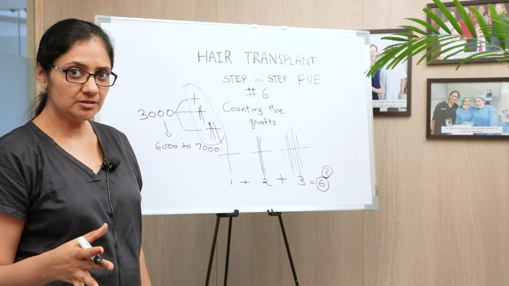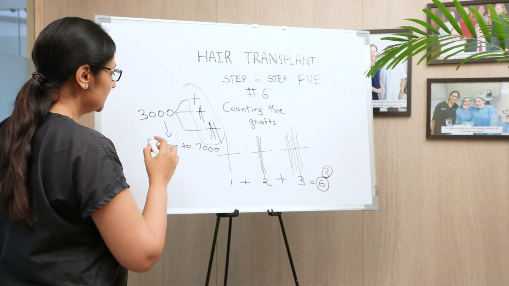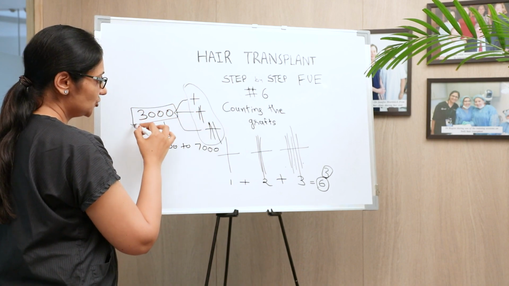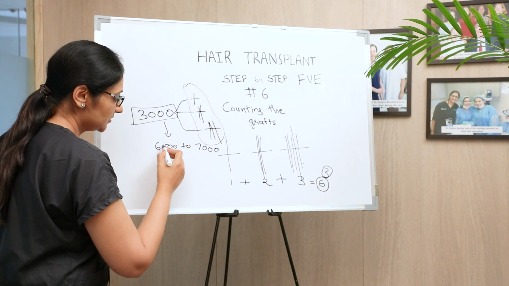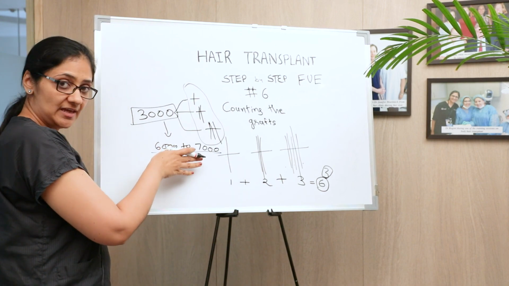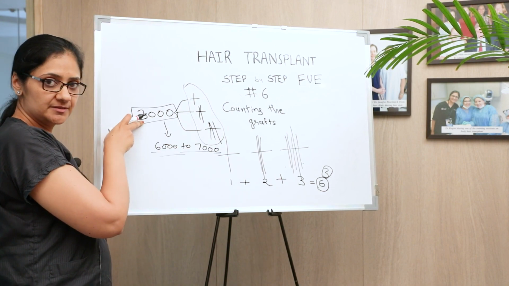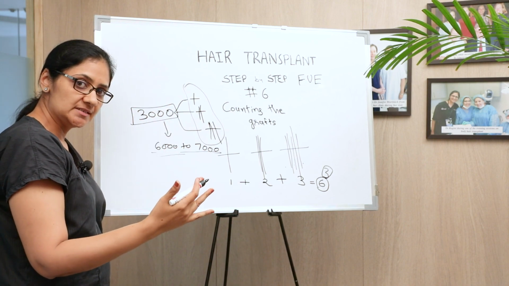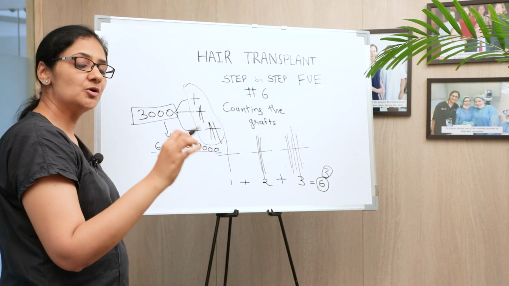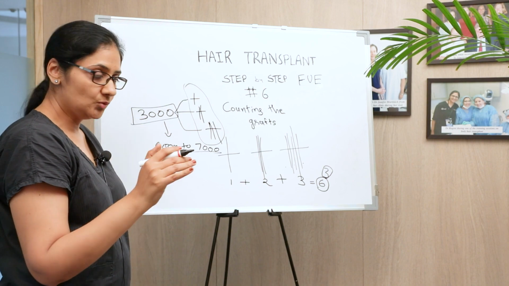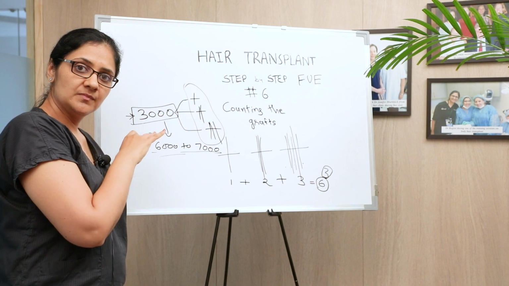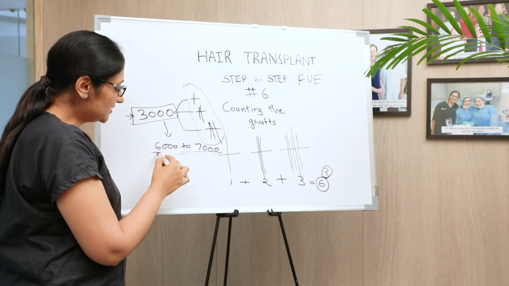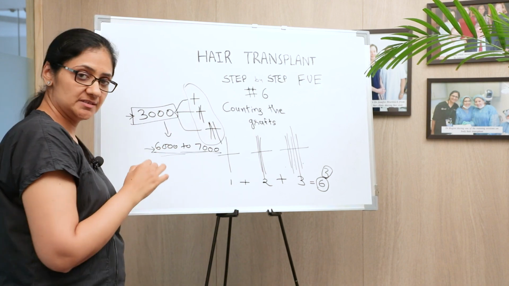But the doctor talked to you about 3000. All the other parameters were fixed based on 3000, not 6 or 7000, because these are the number of hairs, not the number of grafts. While at some places they discuss in terms of the number of hairs itself. So the same 3000-graft session at one place may become a 6 or 7000-graft session at another place.